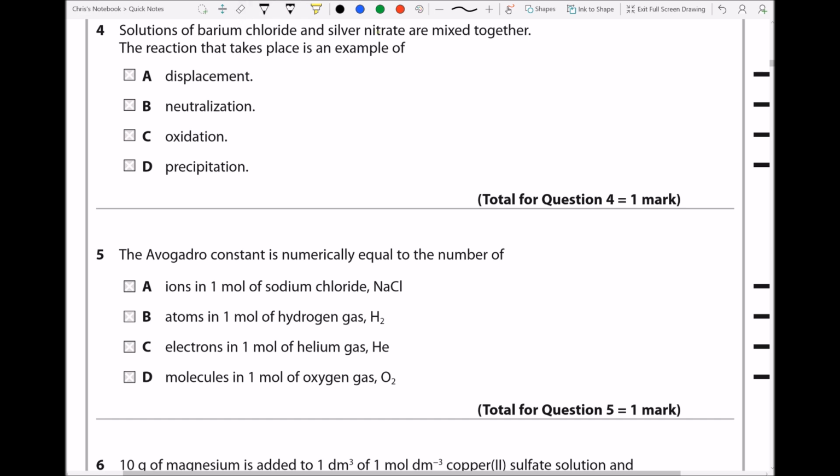Now, barium nitrate, you won't see anything because it's soluble, but silver chloride is insoluble. You actually get a precipitate.